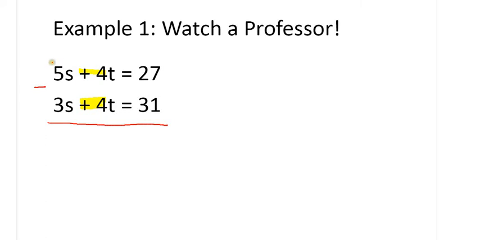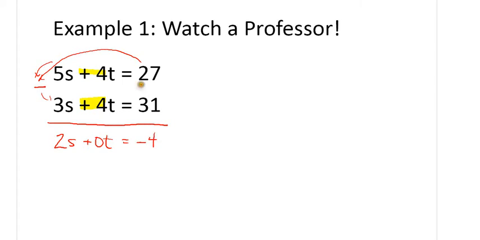So I'm going to have 5 minus 3, which is just 2. Keep the s. And then 4 minus 4 is 0t. So plus 0t is equal to 27 minus 31.